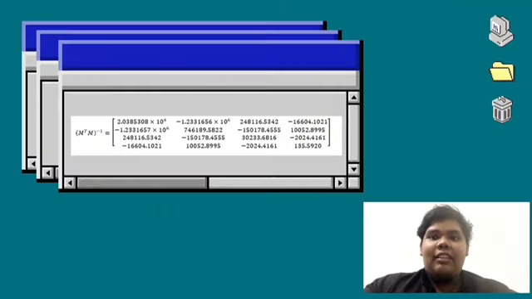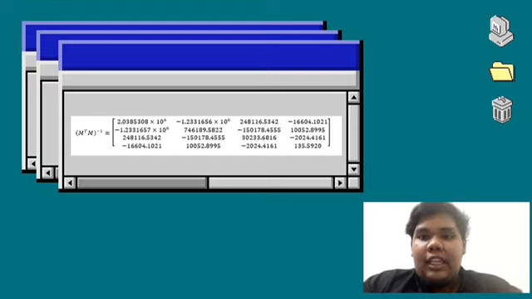Let's continue. Let's find the M transpose M inverse, and we calculate that, and we get the inverse for the matrix. We put this on hold, and let's find another equation.